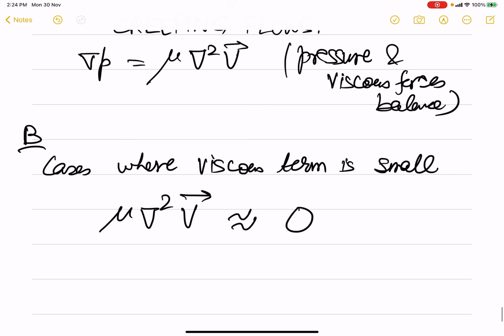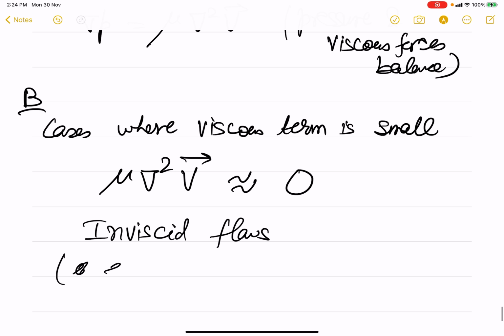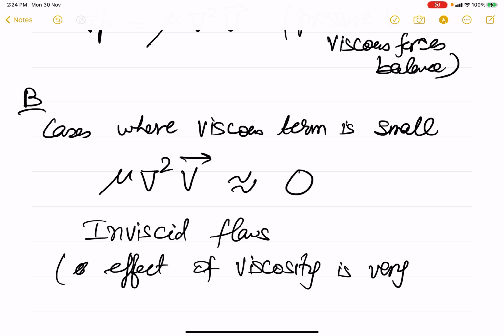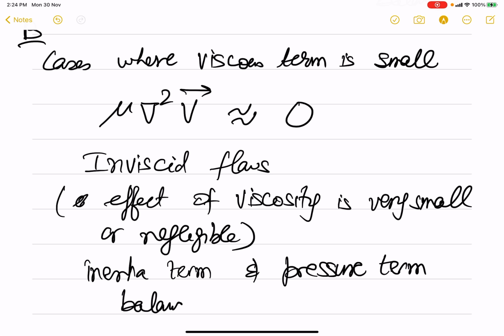These flows are what we will call inviscid flows, which means flows where the effect of viscosity is very small or negligible. And in these flows what you will find is that the inertia term and the pressure term, and maybe the gravity term if that is important, balance each other.